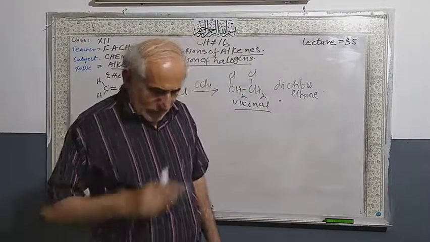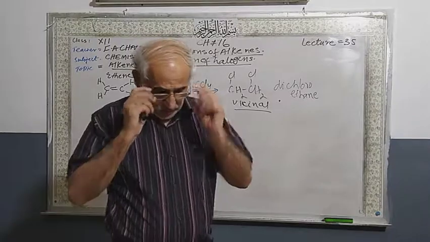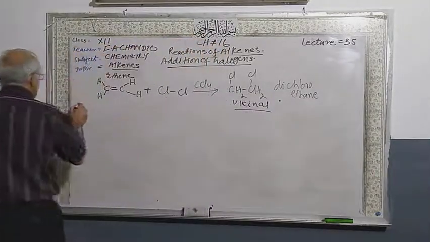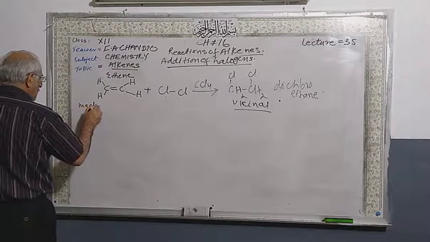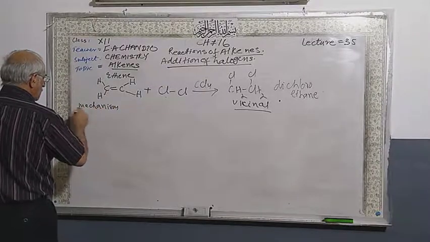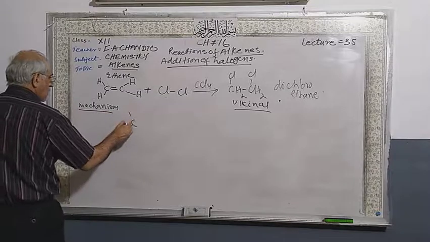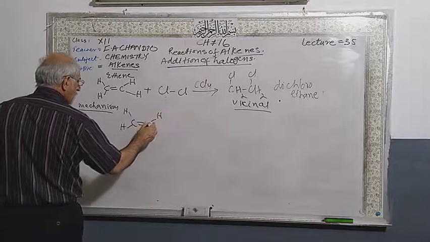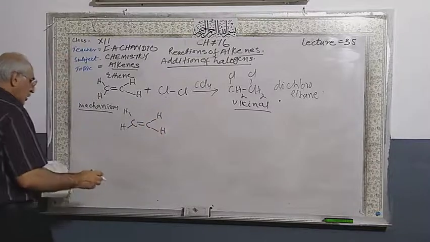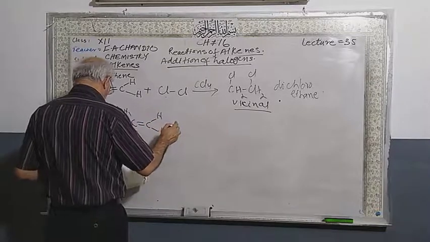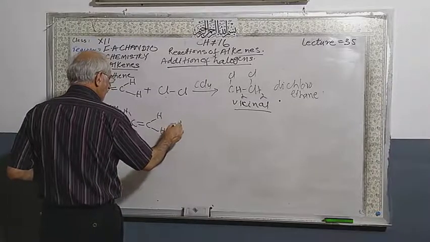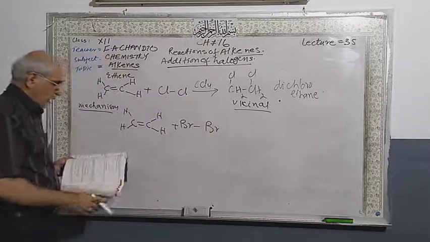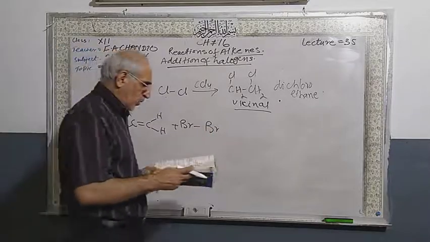Same as here, the mechanism is given for this one. If you write the mechanism, the nucleophile is the ethene, and now you can have the bromine.